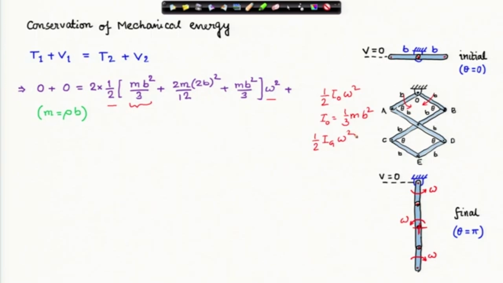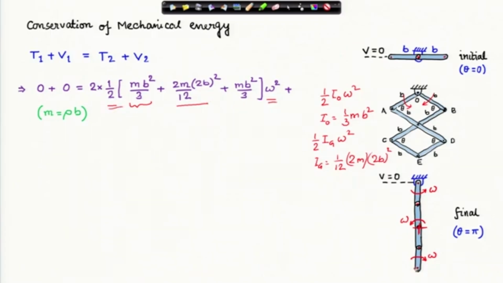Omega remains the same for all bars, and I_G is 1/12. The mass of this bar is 2 times the mass of the smaller bars, because the length is twice, and the length of this bar is 2b. That is the moment of inertia of the longer bar AD or BC about its center of mass, and hence we have this as I_G, with 1/2 and omega square pulled out.